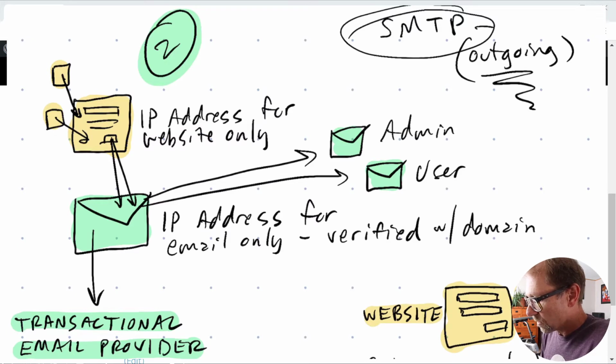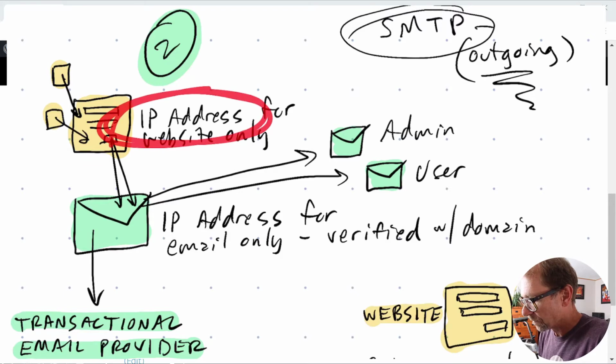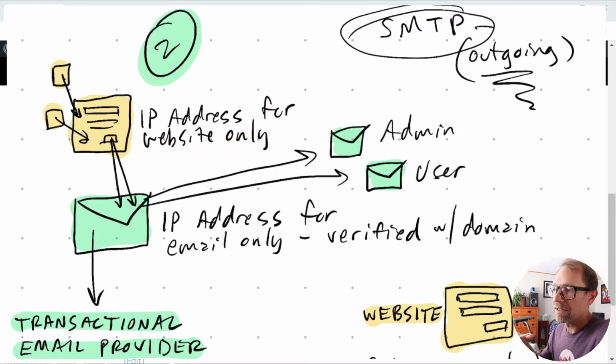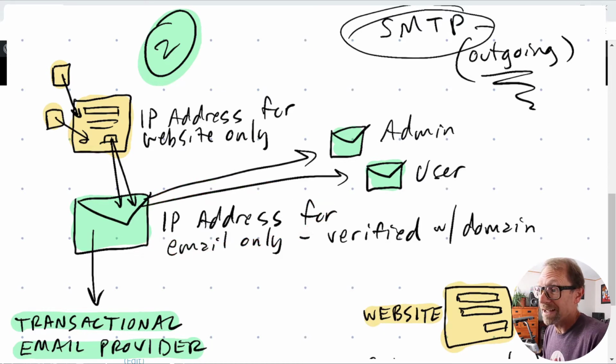And when you use a separate email service, an SMTP email provider or a transactional email service, one of the best benefits you're getting is you're using a different IP address for sending emails than your website has. And what that means is that email sent from this SMTP or transactional email provider has a different IP address, and those providers use and protect their IP addresses, and they're used for email only.